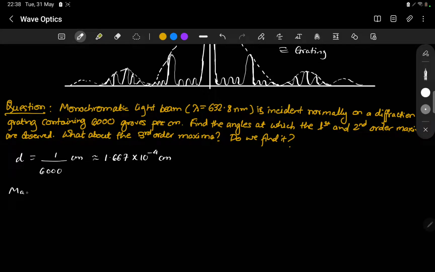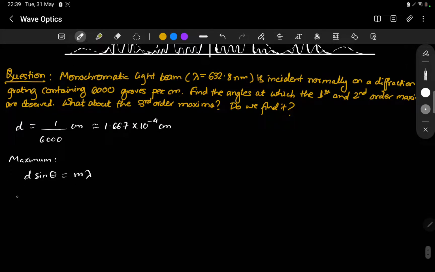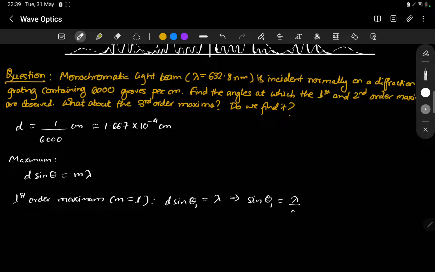Now for maxima, the condition is d sine theta equals m lambda. So for first order maxima, m is equal to 1. We get d sine theta for first order is lambda, so sine theta for the first order is lambda over d.